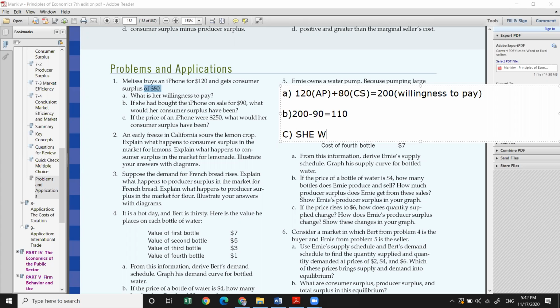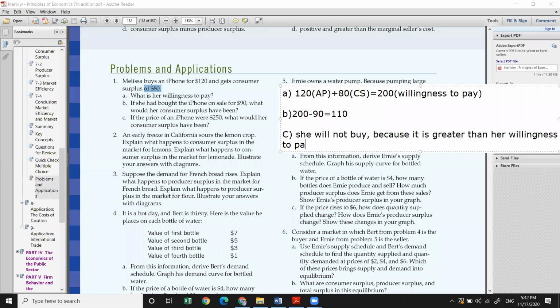She will not buy because it is greater than her willingness to pay.